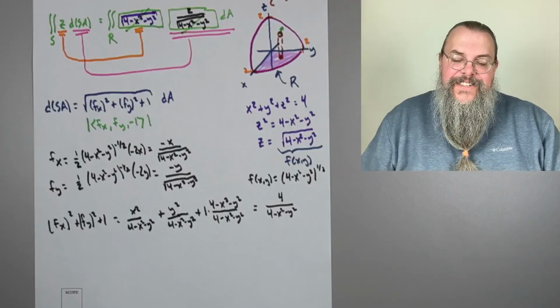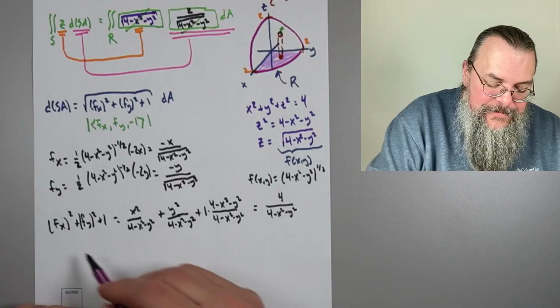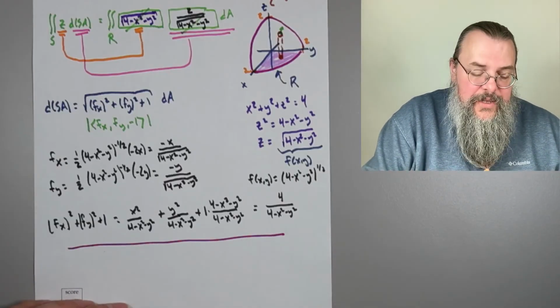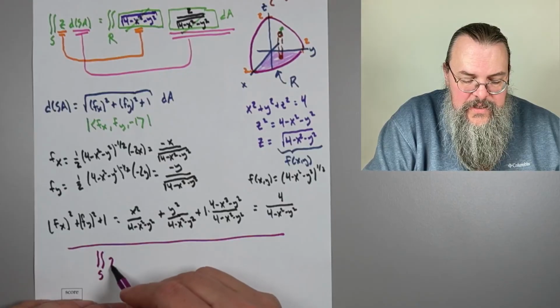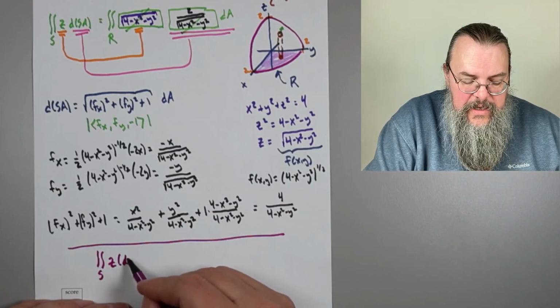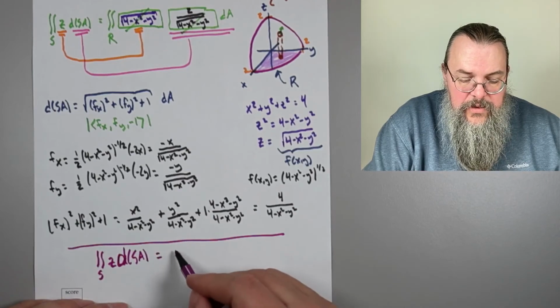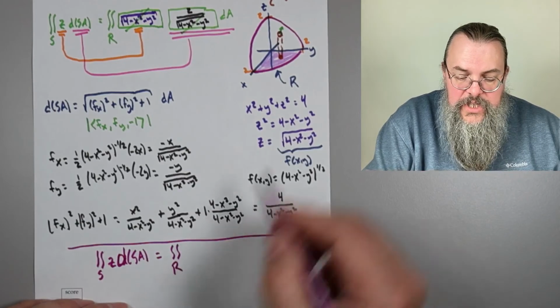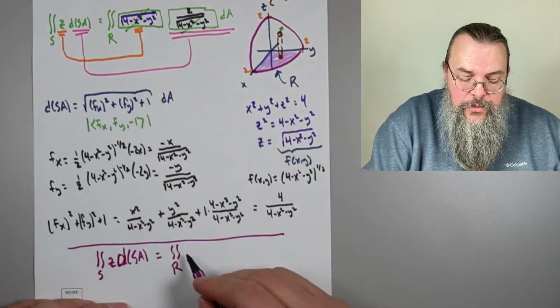And so after all of this, we come to the conclusion that the integral over our surface, z dS, is equal to the integral over our region, which is this quarter of a circle, of 2.